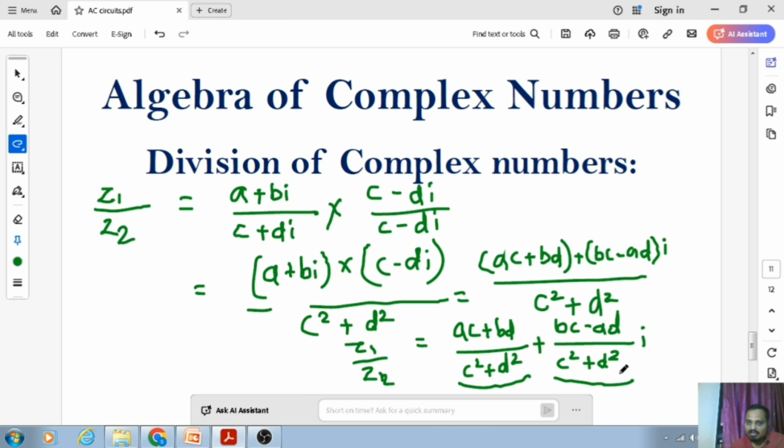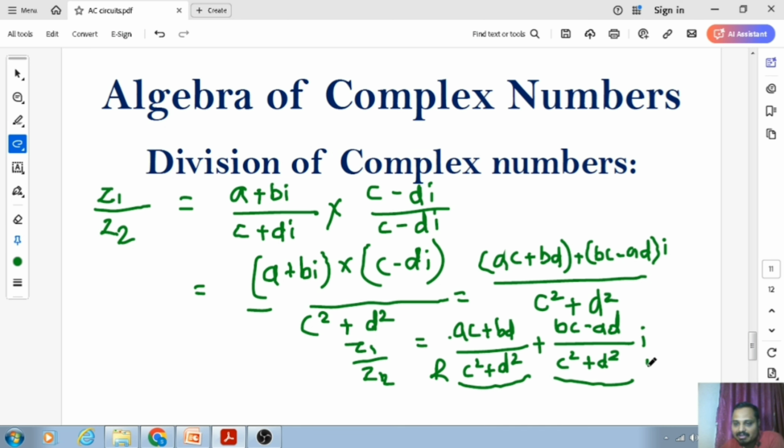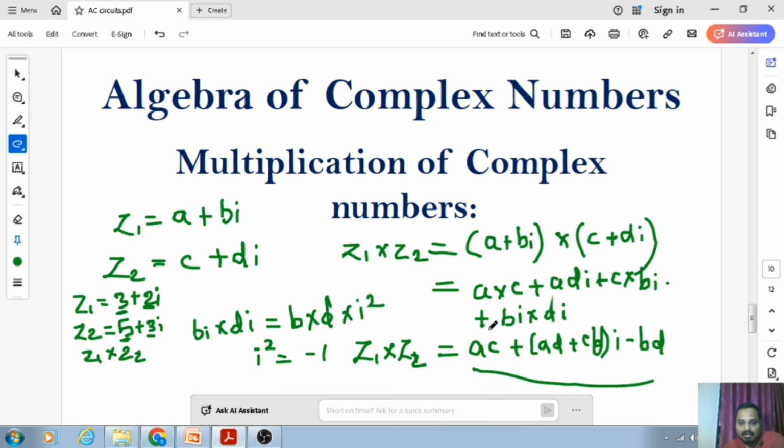So in all the cases, whether it is multiplication, addition, subtraction or division, we have the final product as a real part and an imaginary part. Here also you can see this one minus this one is a real part and this one is the imaginary part.